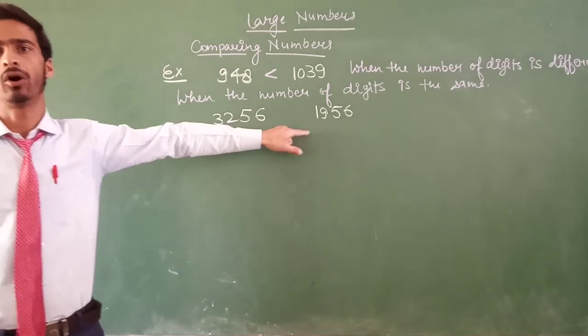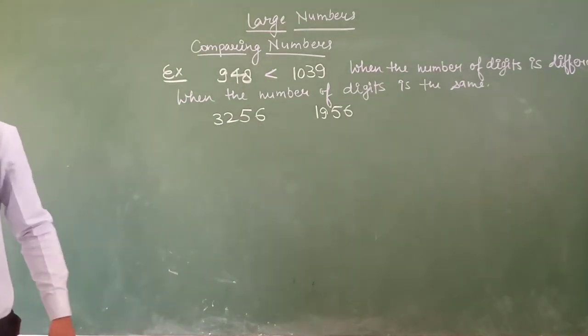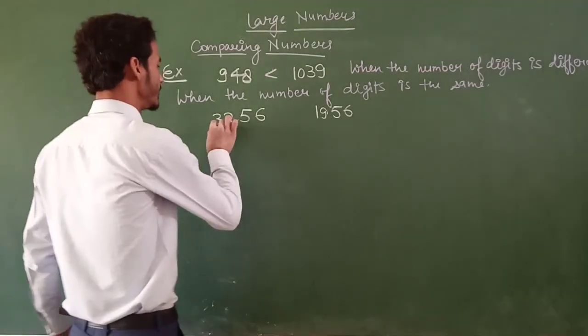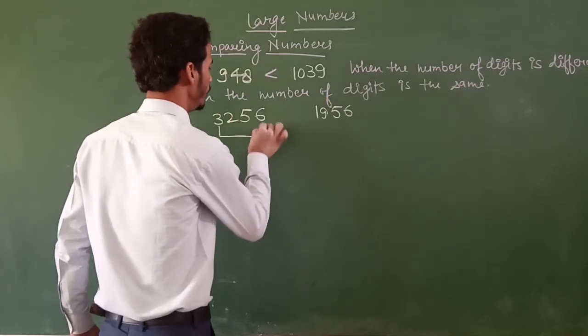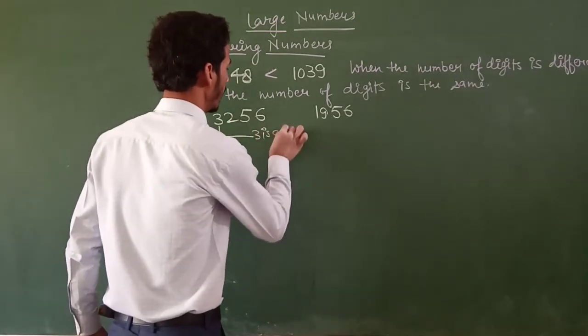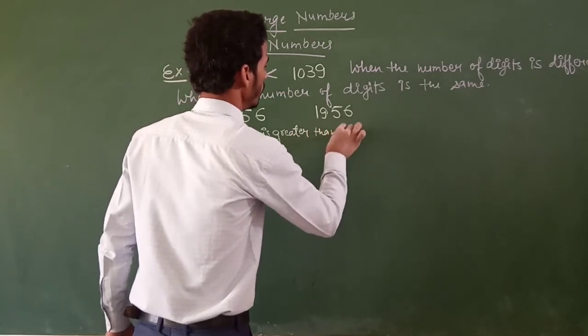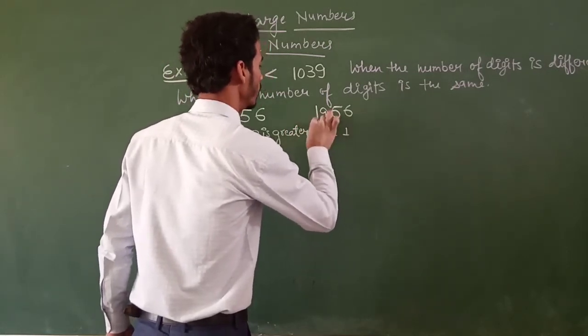And in the second step, if the digit in the thousand place is the same, you can see here that 3 is greater than 1.